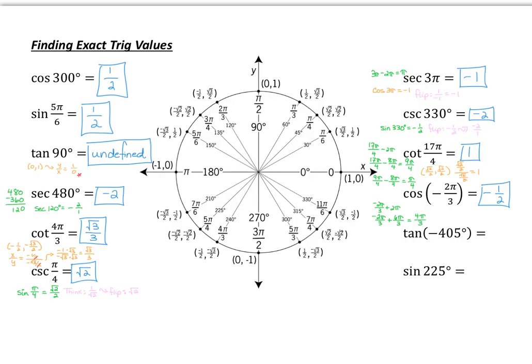Okay, the negative 405, again, I'm going to need to add 360. So negative 405 plus 360. And I'm going to have to add 360 again. And so negative 405, you can think of it like this, that it went around more than once to here.